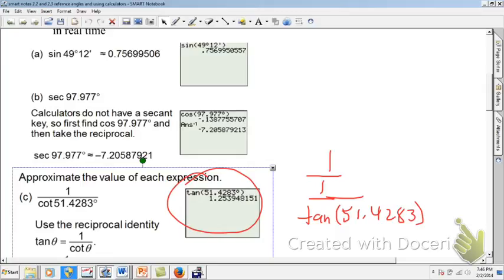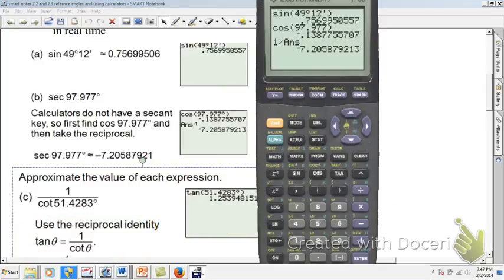So just know that you're oftentimes utilizing these reciprocal identities that we had talked about before. That tangent is the reciprocal of cotangent and vice versa, and cotangent is the reciprocal of tangent. So with that, we see the screenshot there, but we'll just practice it together.